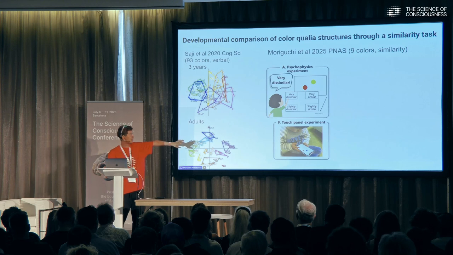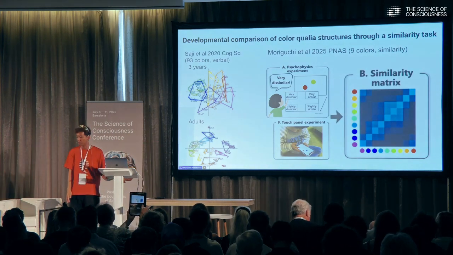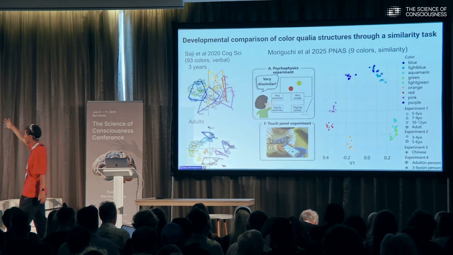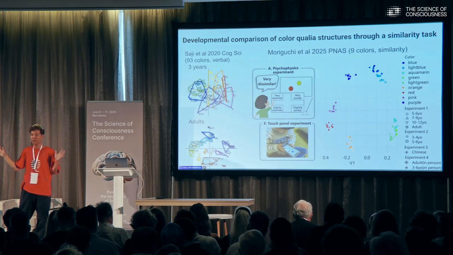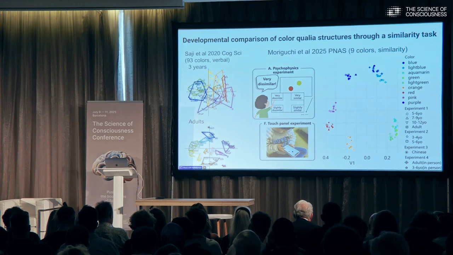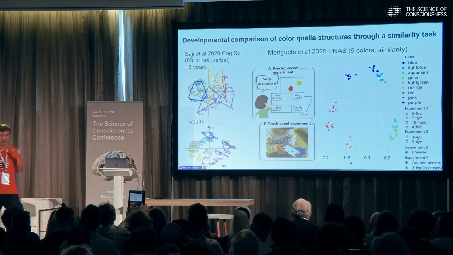So when we did this version of the experiment, they were able to give a very accurate report of the similarity, and it was also reliable. And then look at this structure. It was almost identical, completely identical to the adults. And then we were suspicious, so we went from 10 years, 7 years, 5 years, and 3 years. And then 2 years is a difficult age.